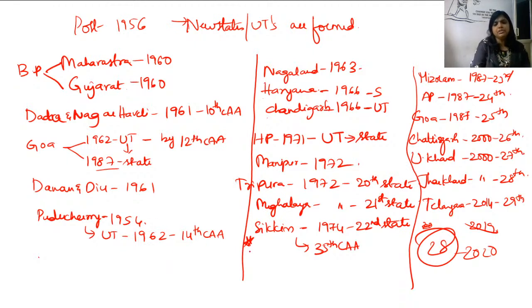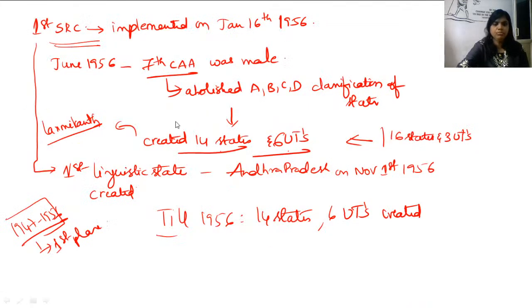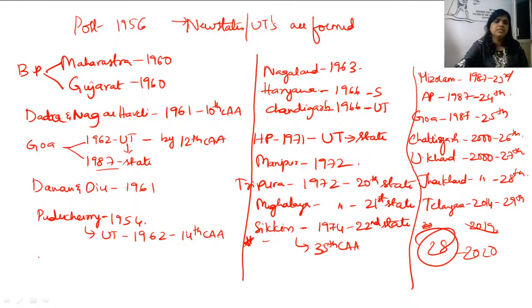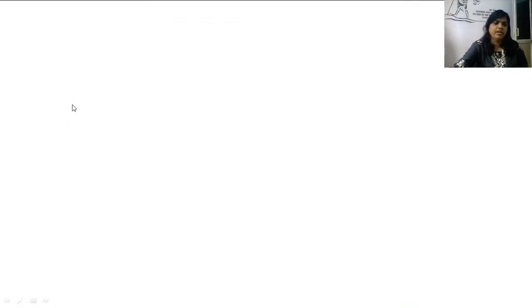Here, we need to discuss the specialty of Sikkim. The specialty of Sikkim is that it is a buffer state between India and China.